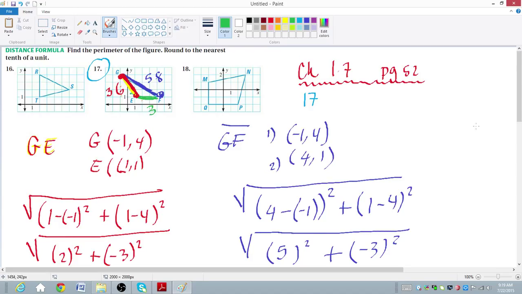And all you need to do to find the perimeter, P is equal to, when you add it together, 3 plus 3.6 plus 5.8. So it comes out to be approximately 12.5. And so this is your answer right here.